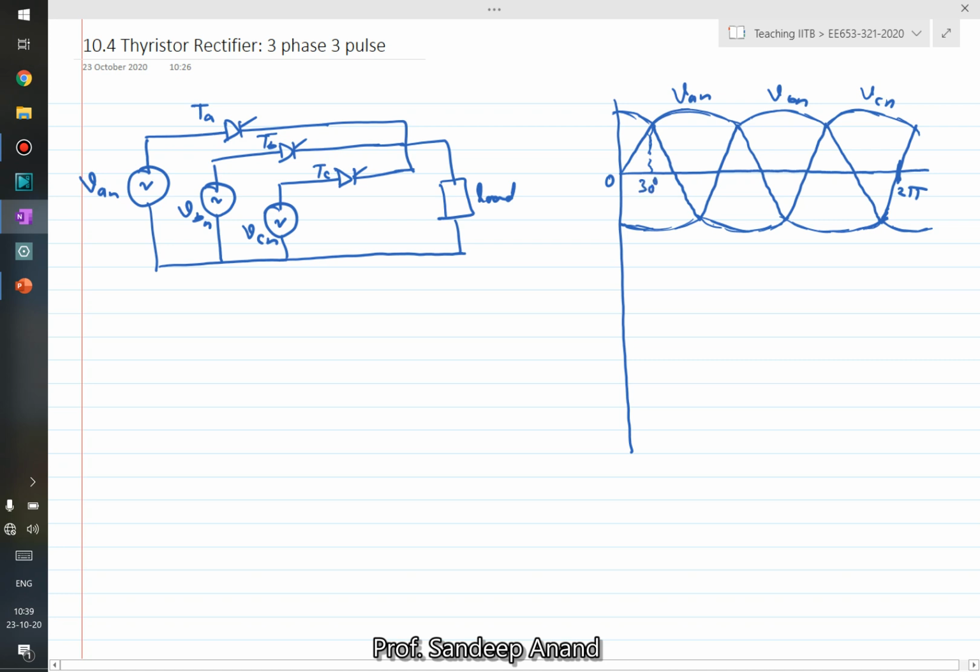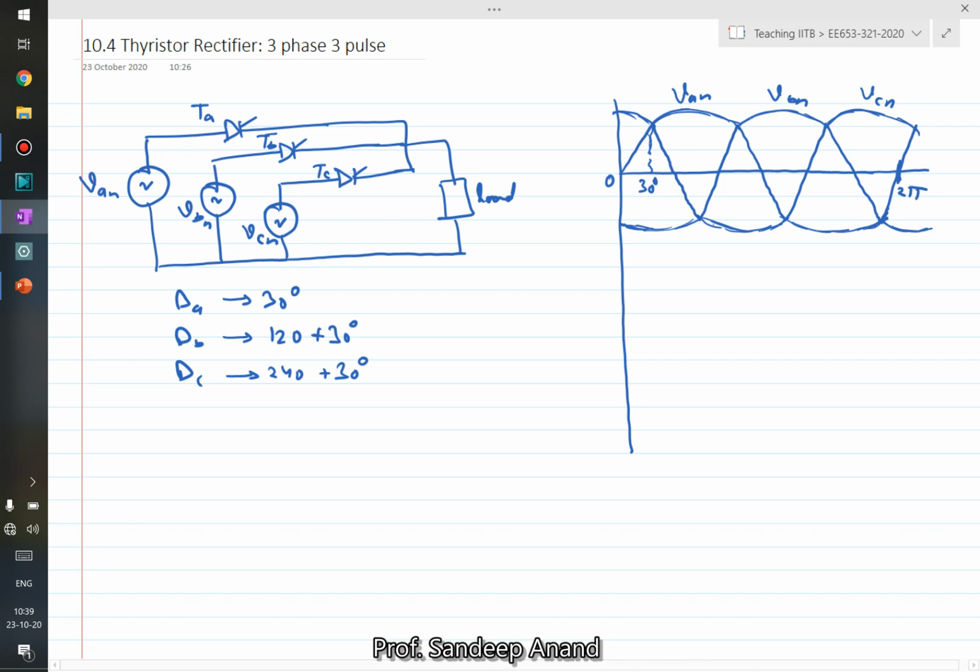DB would have started conducting at 120 plus 30 degrees, and DC would start conducting at 240 plus 30 degrees, right? So 30, 30 plus 120, and 30 plus 120 plus 120, if this would have been only a diode rectifier.